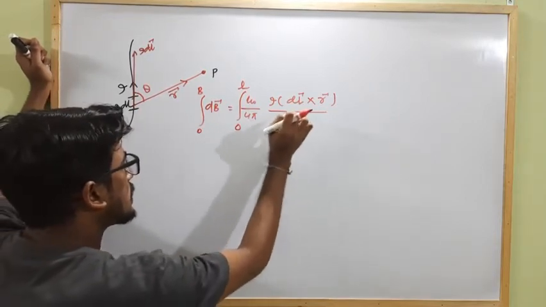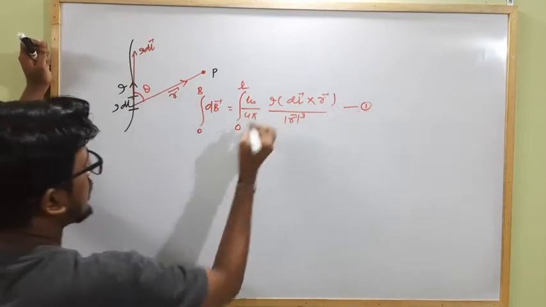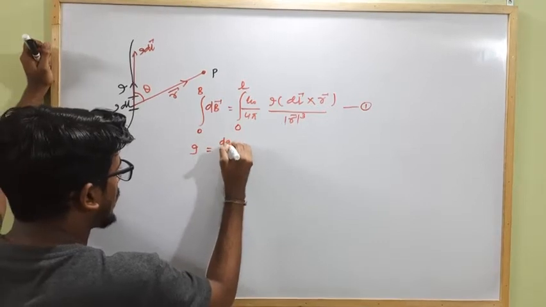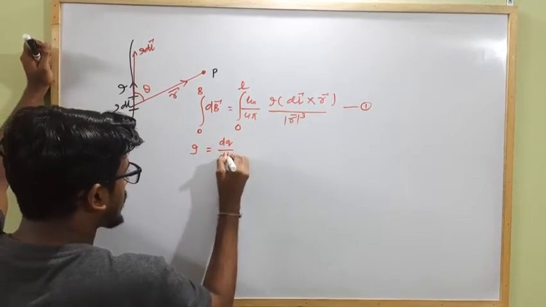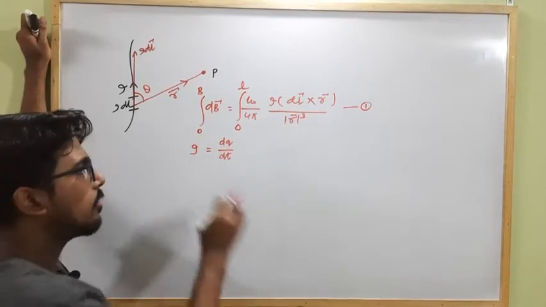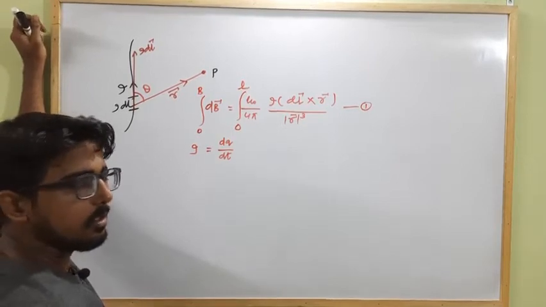So from this equation, let it be equation 1, we can easily derive that the current I flowing through the conductor can be written as the rate of flow of charge, dq by dt. We already know I equals the rate of flow of charge in the conductor.